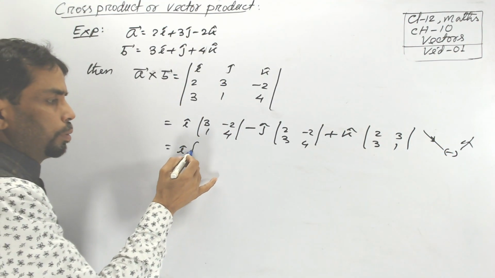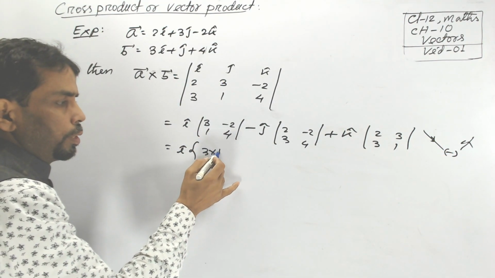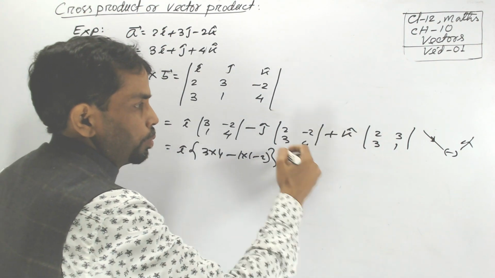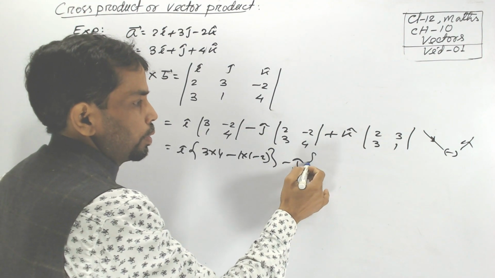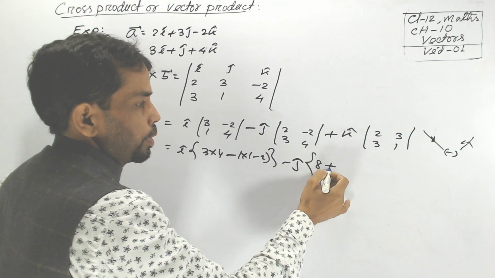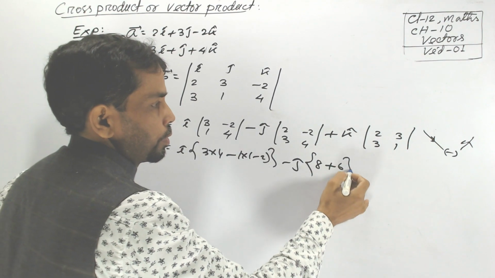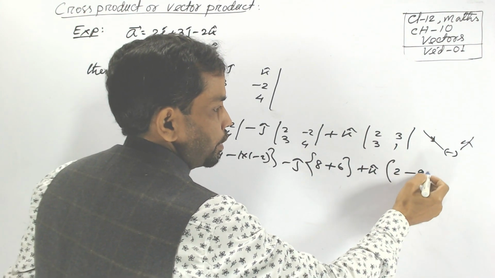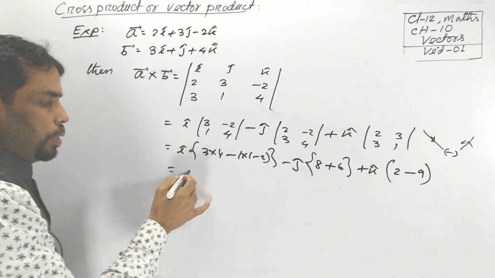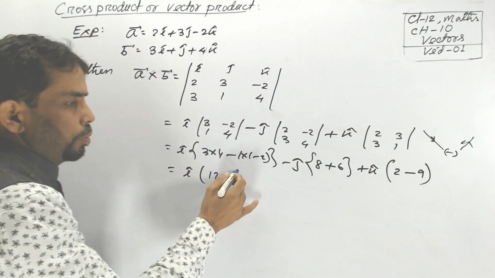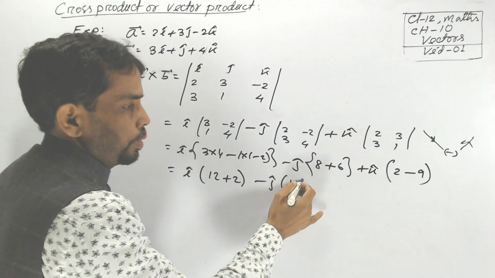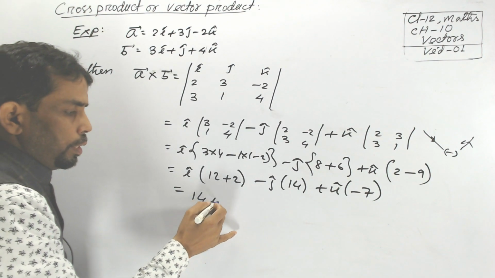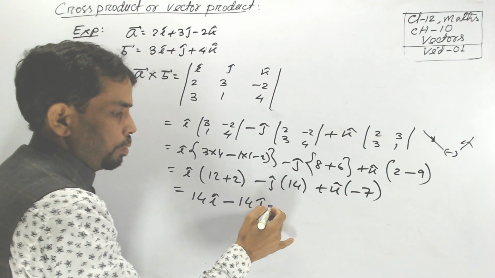So it will be i into (3 times 4 minus 1 times minus 2), minus j into (2 times 4 is 8, minus minus 3 times 2 is 6, so plus), plus k into (2 times 1 is 2, minus 9). We can easily find it. So it is i into 12 plus 2, j into 14, k into minus 7. So 14i minus 14j minus 7k.